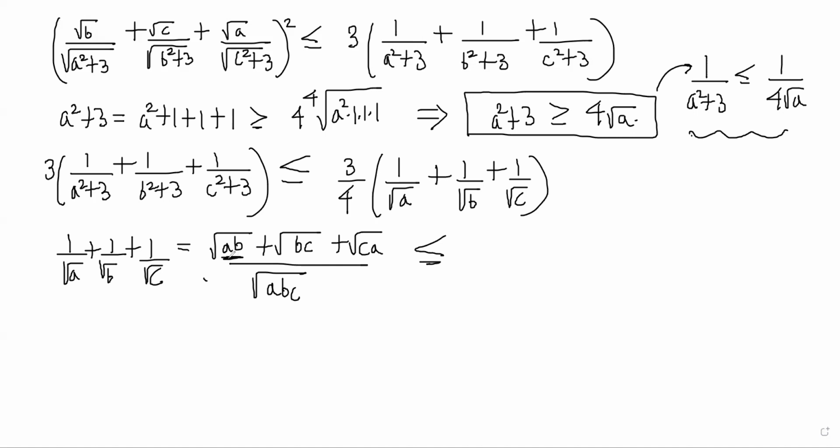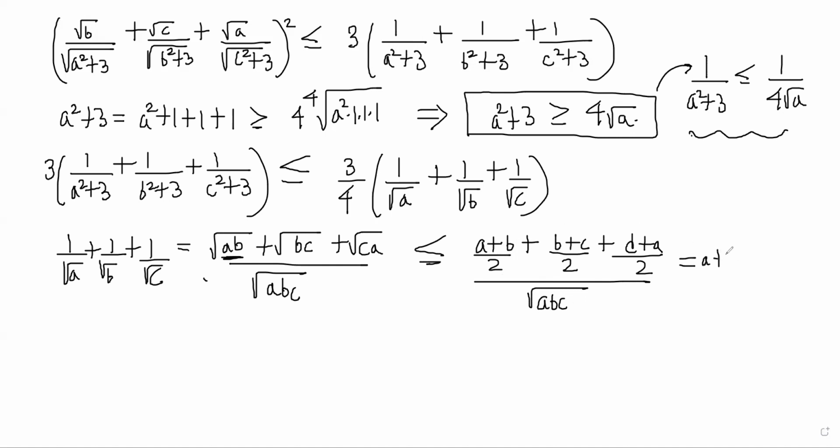I know root AB is less than equal to A plus B by 2, plus root BC is less than equal to B plus C by 2, plus C plus A by 2. And the whole thing is divided by root ABC, right? So the top part, actually, you will realize that that is equal to A plus B plus C by root ABC.